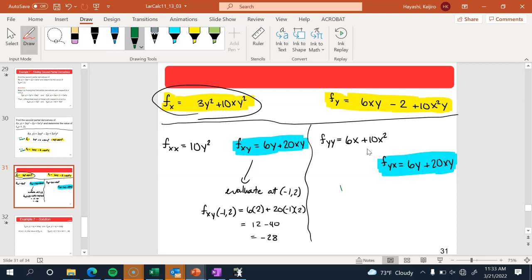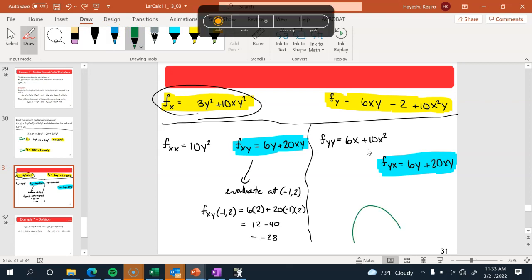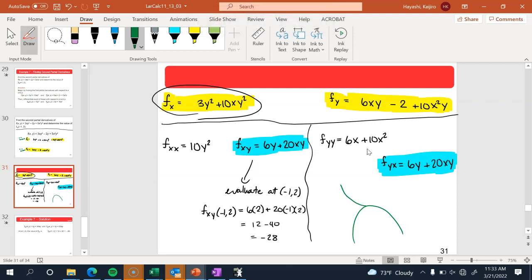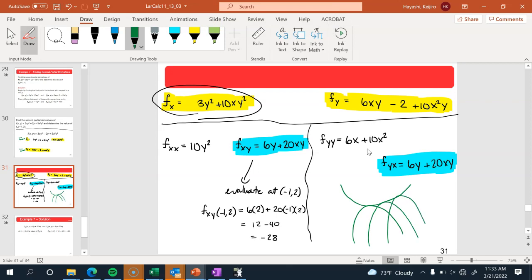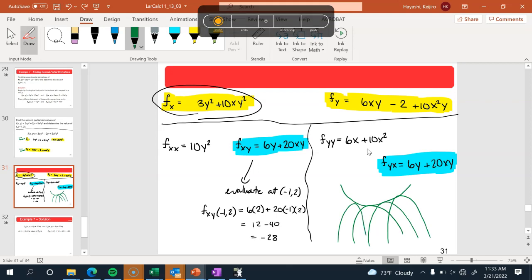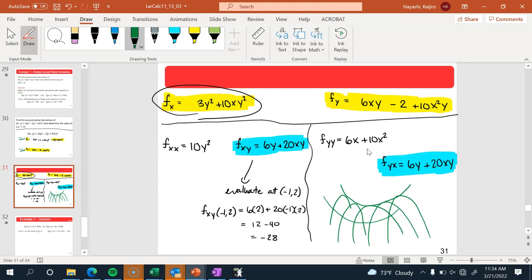There are these surfaces that I'm not even sure I can really draw, but they curve down measuring in, for example, the x direction, but they curve up measuring in the y direction.